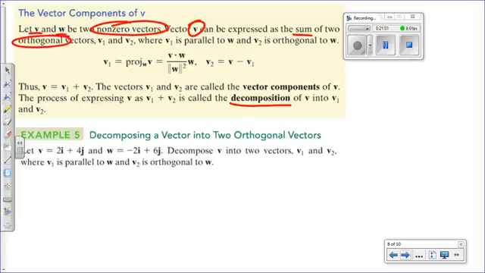Those two vectors we're going to call V1 and V2. If vectors V1 and V2 are orthogonal, that means that the angle between them is 90 degrees. Don't forget that. Also, what we know is that vector V sub 1 is parallel to W, and also that V sub 2 is orthogonal to W.